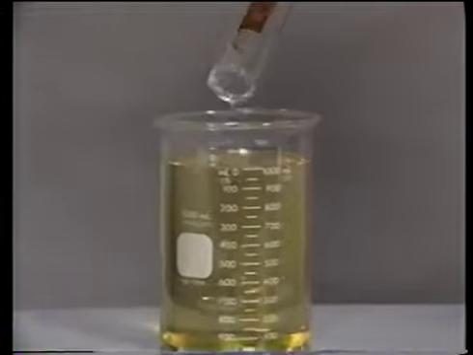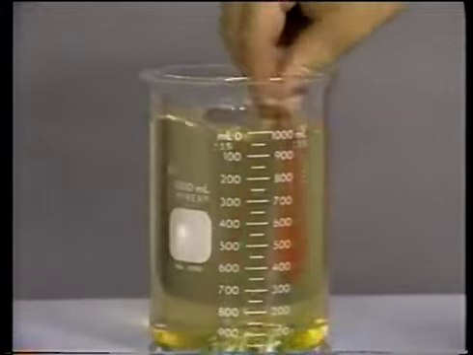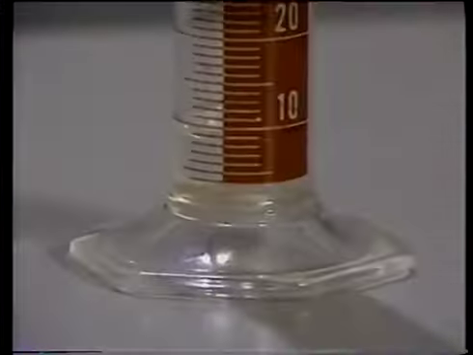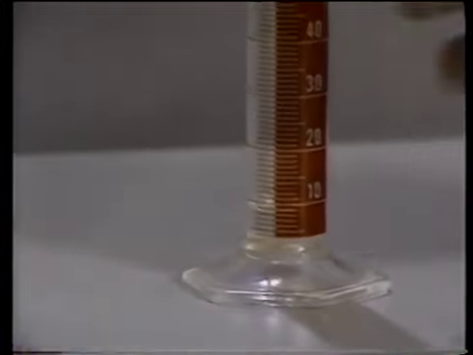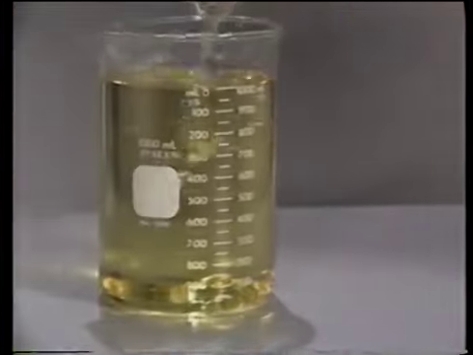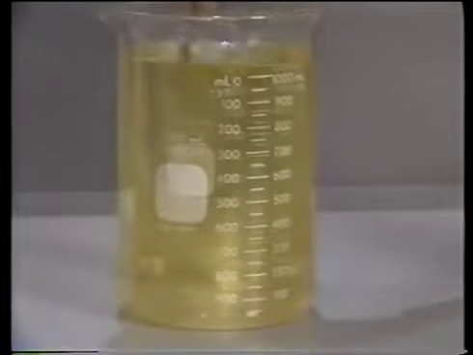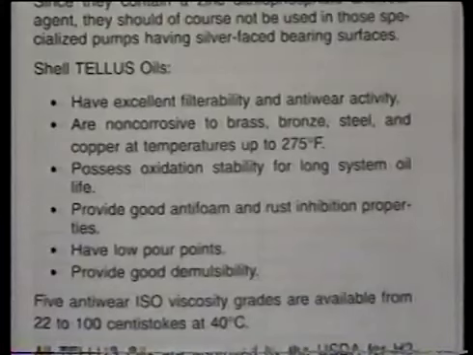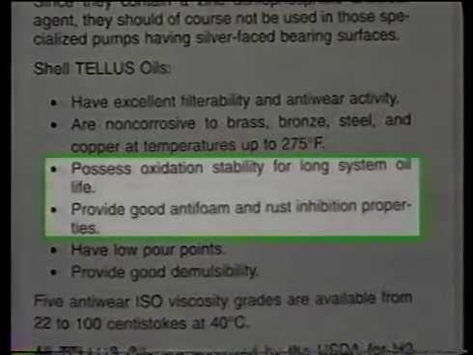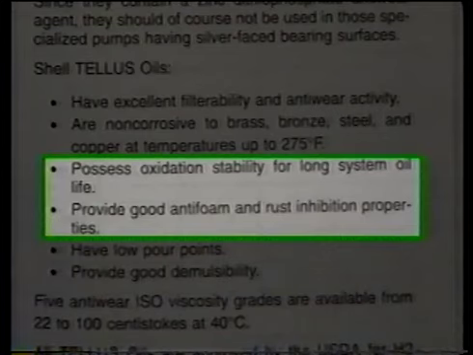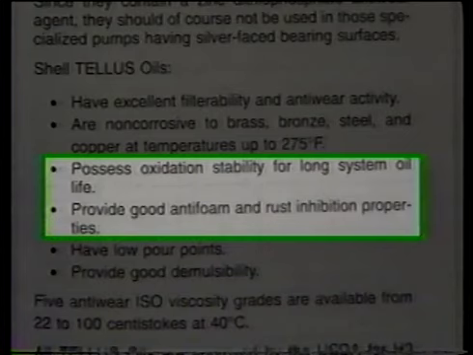However, except in critical systems, this isn't usually reason enough to discard the oil. If the water content is 1% or more, the oil will look milky. Oil manufacturers often add a rust and oxidation inhibitor to the oil. The rust inhibitor coats the metal surfaces of the system with a chemical film and retards rusting.